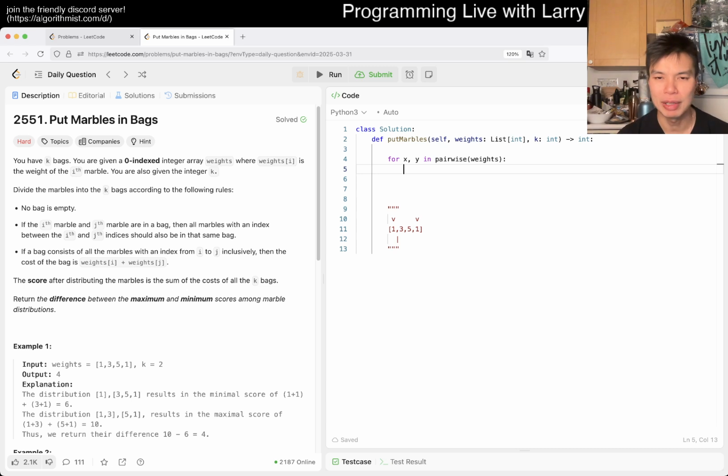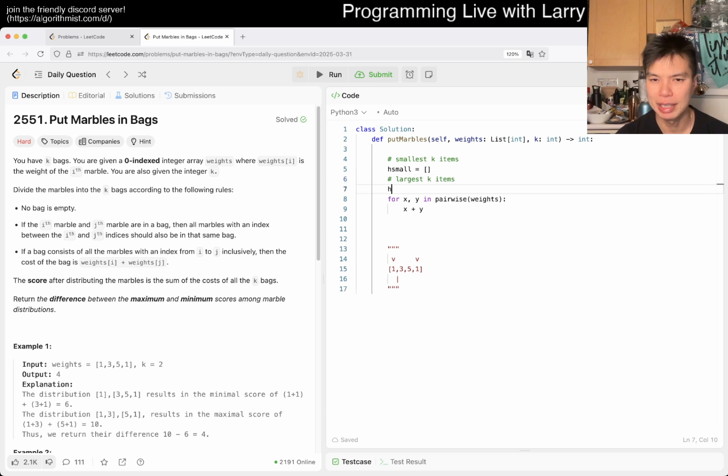And then now we want to put x plus y into a heap, right? So maybe we have a heap small, and here we just want to keep the smallest k items, or k minus 1 in this case, but smallest k in general, and then maybe largest k items, so h large, right? And this is the value, right?